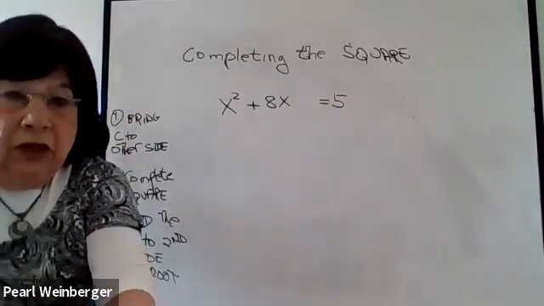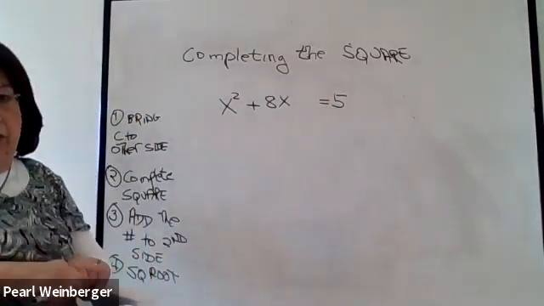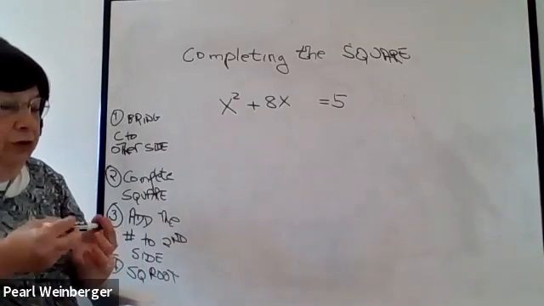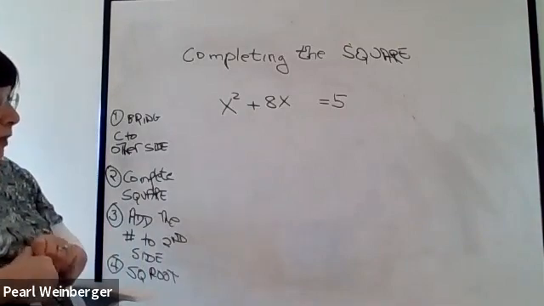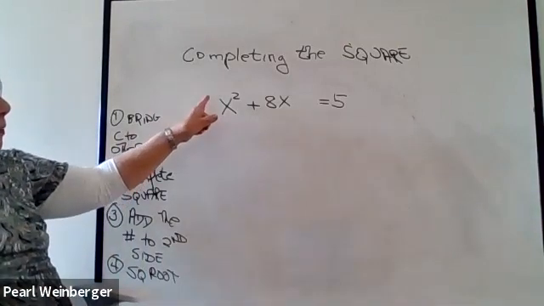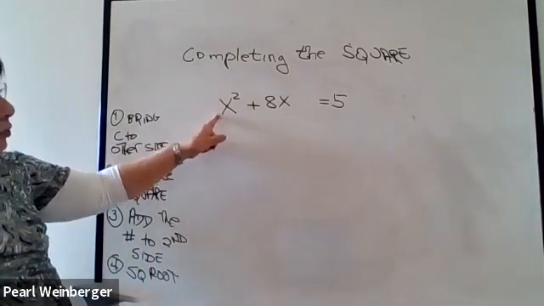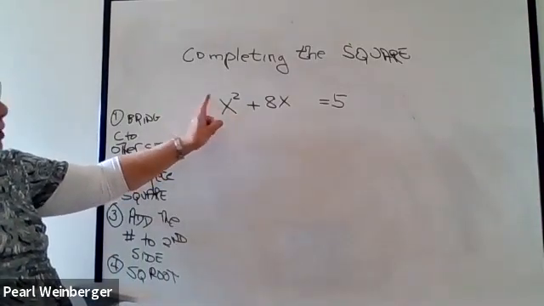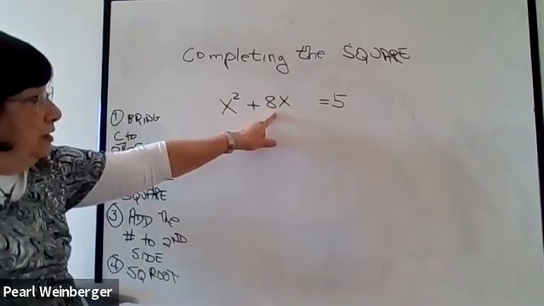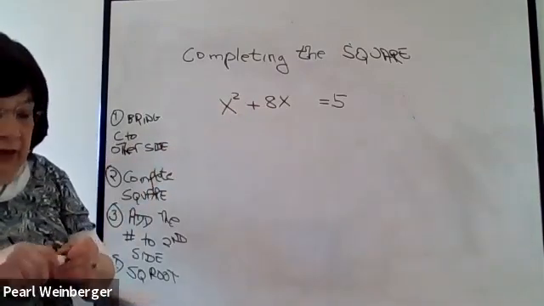Here's the quadratic equation I want you to solve. I'd like you to solve it using this new method called completing the square. Notice it'll work because the number in front of the x squared is 1, the leading coefficient is 1, and the number in front of the x is an even number, so it's easy to take.